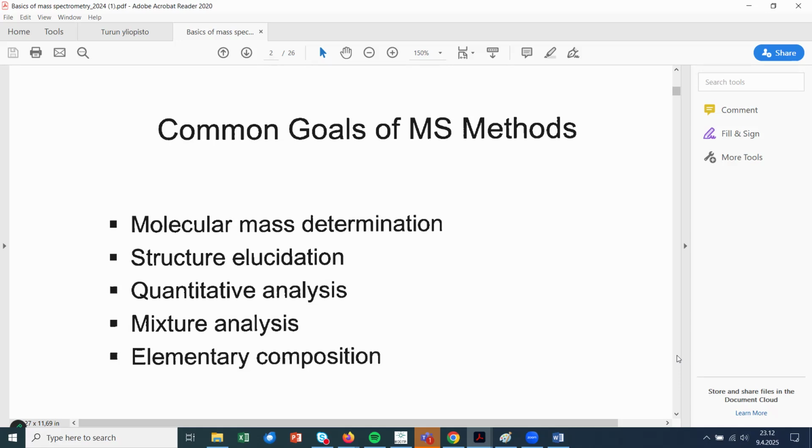And so we have different types of instruments, also different types of needs. Depending on what the needs are, we need to consider what is the right choice of mass spectrometric analysis that we will choose. Of course, it's also a matter of money, how much is available, because some of these instruments are very, very expensive.